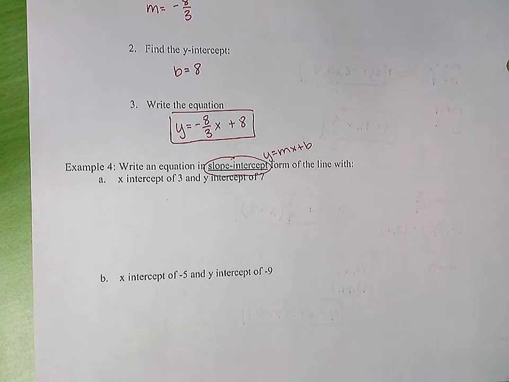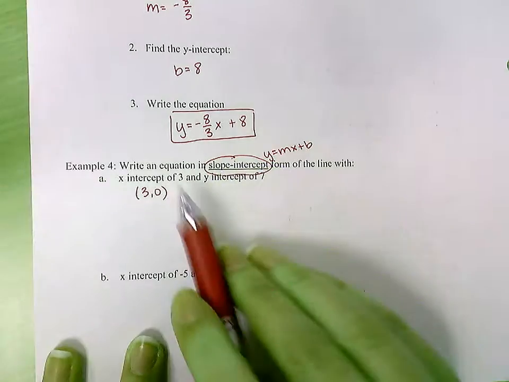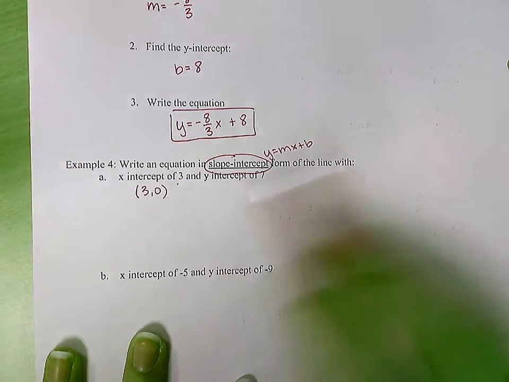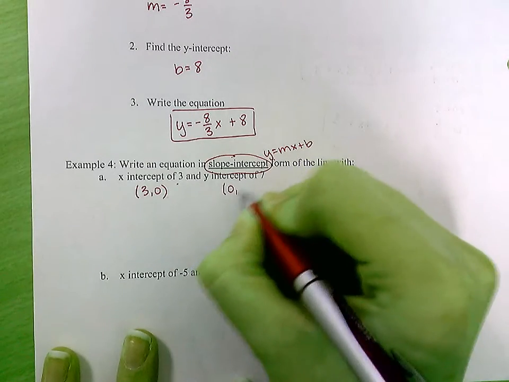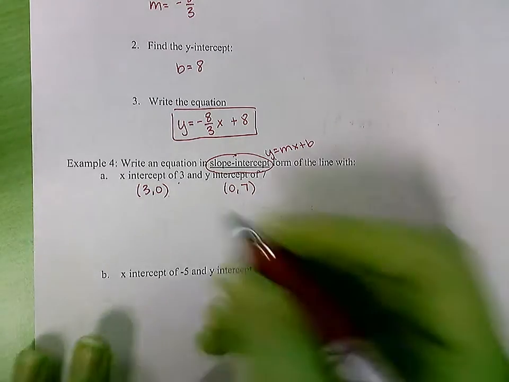Your x-intercept, this one will be at 3, 0. Your y-intercept will be at 0, 7. If you get problems like these, write them in your coordinate point form there. So now what I can do is find the slope.